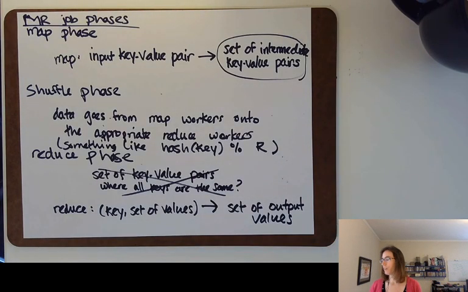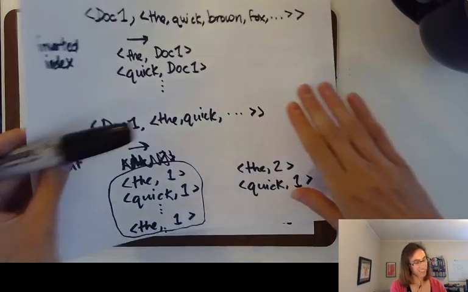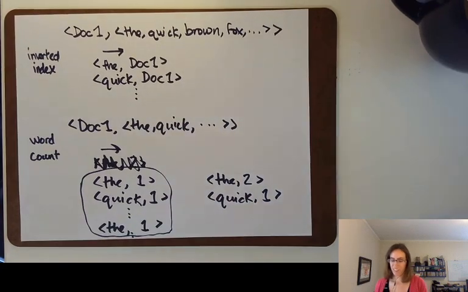So let's see some examples of that. So for the inverted index that we talked about, let me bring up that page again, which I dropped on the floor. So here's inverted index.